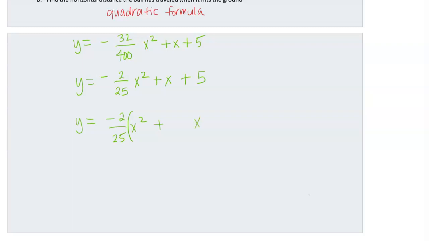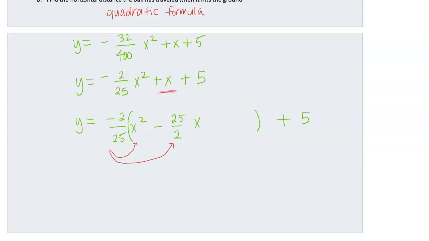And when we do that, we're dividing the x by that fraction, and so that's the same as multiplying by the reciprocal. So what we end up having is a negative 25 over 2. The plus 5 goes out here, just to kind of verify our thinking. If I took this fraction in the front and multiplied it by both of these, the two fractions are going to cancel and I'll end up with that positive x that I had up here.